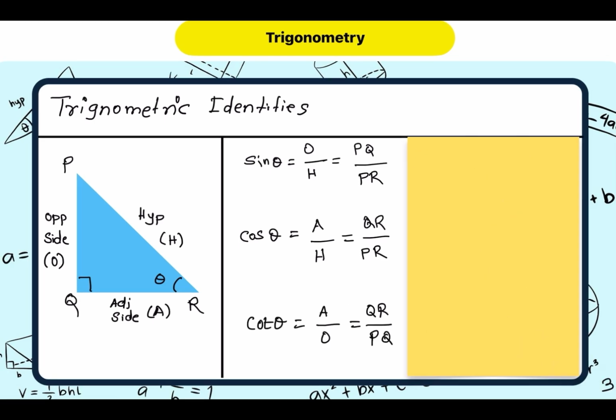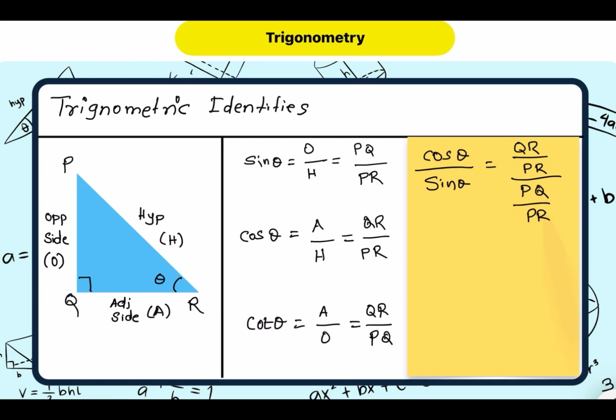Let's focus again on sin theta and cos theta and now cot theta. Why? Let me explain to you. Earlier we divided sin theta by cos theta. Now let's divide cos theta by sin theta. What is cos theta? QR upon PR, and sin theta is PQ upon PR.